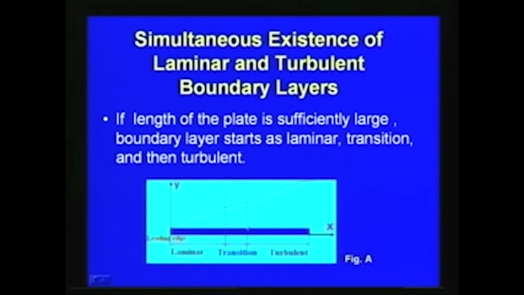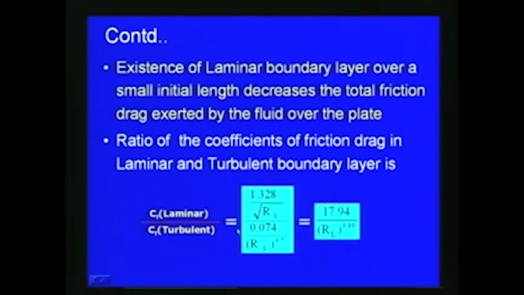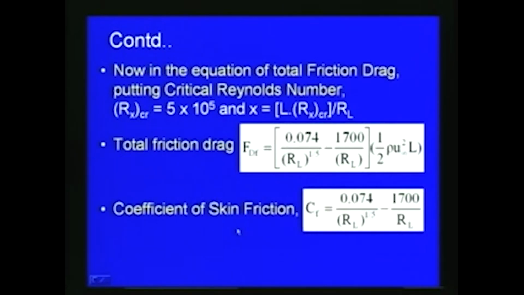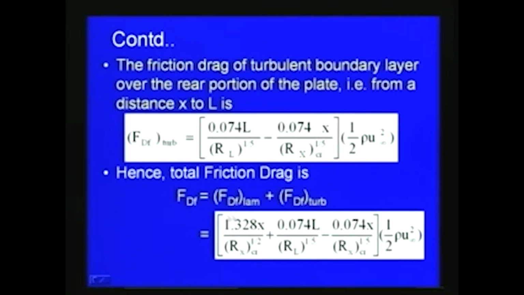In this range, we get the total frictional drag as FDF equal to 1.328 x divided by Rx critical to the power 1 by 2 plus 0.074 L divided by RL to the power 1 by 5 minus 0.074 x divided by Rx critical to the power 1 by 5, into half rho u infinity square.